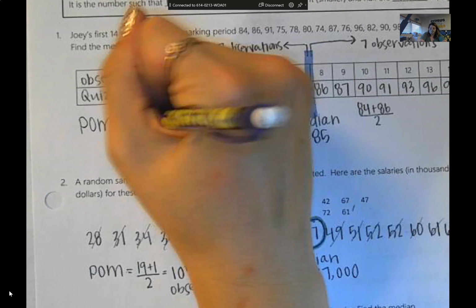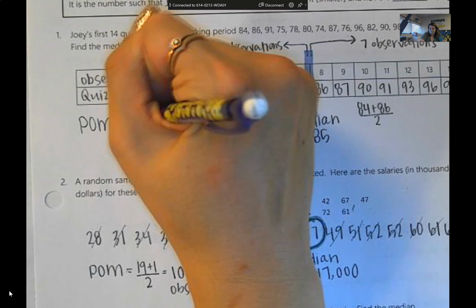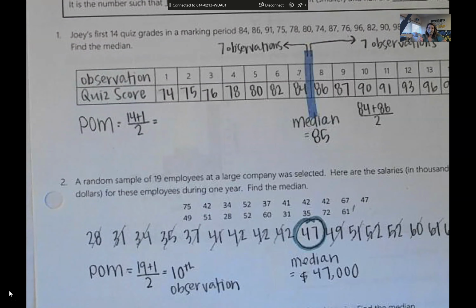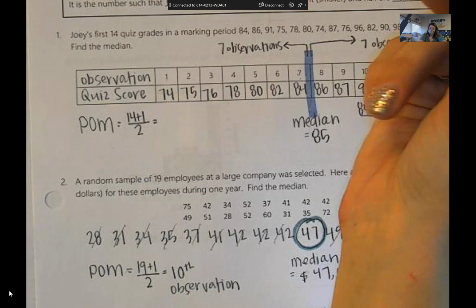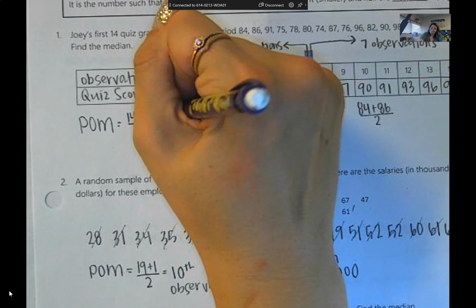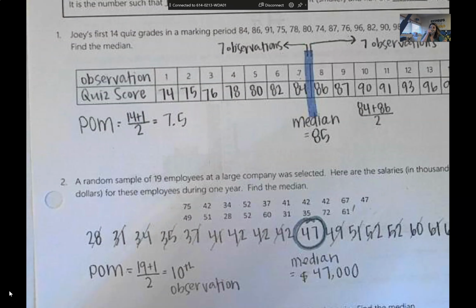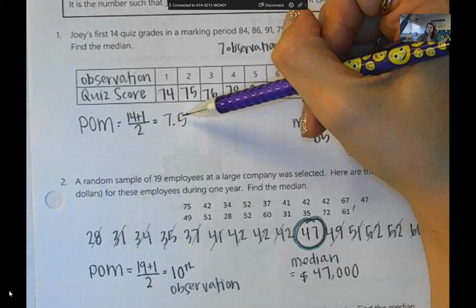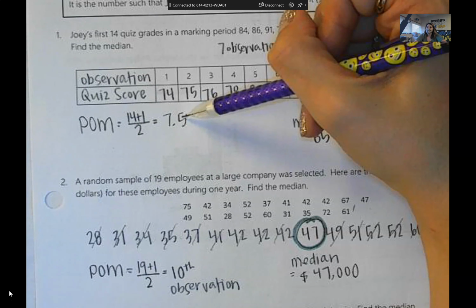We had 14 scores. Add 1, divide by 2. What do we get this time? 7.5. So what this means is that the location of the median is literally in between 7 and 8.